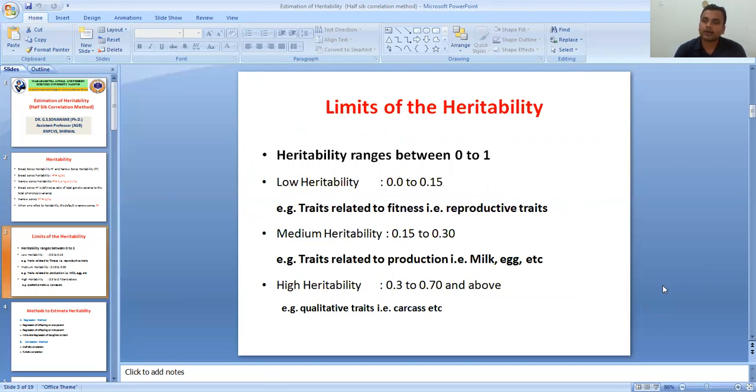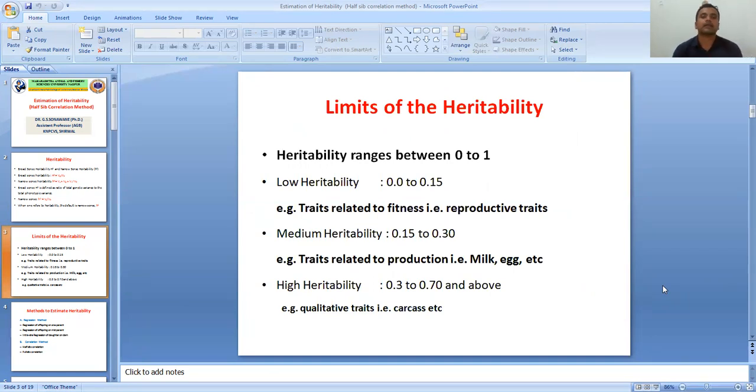Here we are discussing the range of heritability between 0 to 1. Low heritability starts from 0 to 0.15, and under that, traits related to fitness like survivability and reproductive traits are coming. Then medium heritability has the range 0.15 to 0.3.